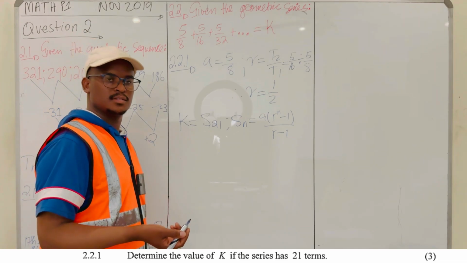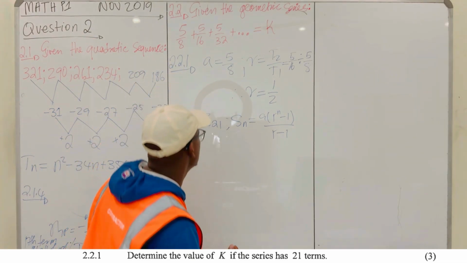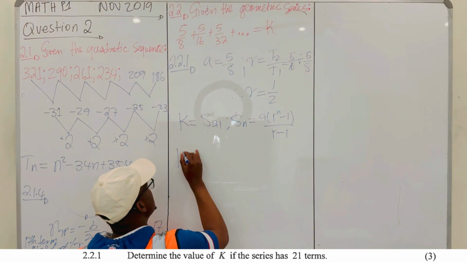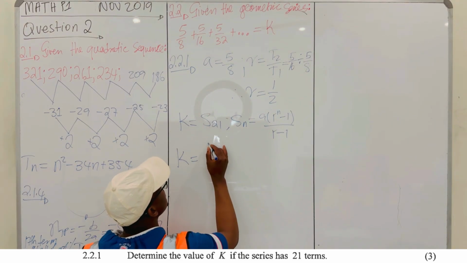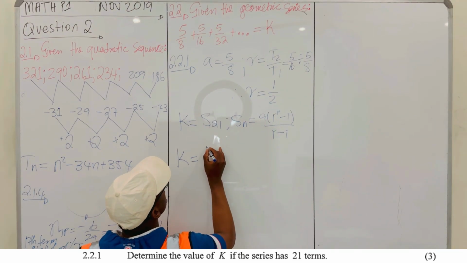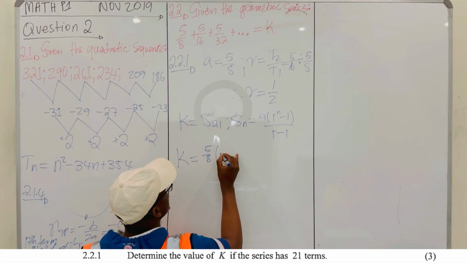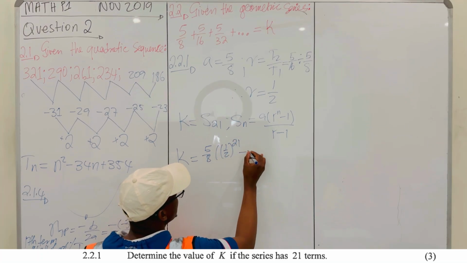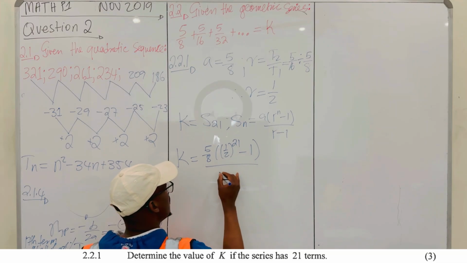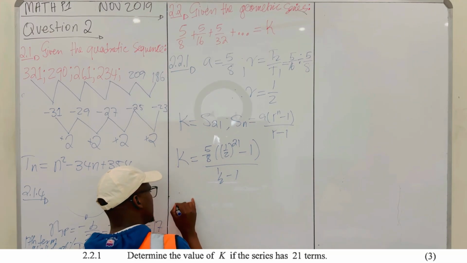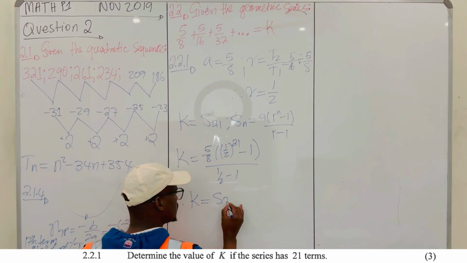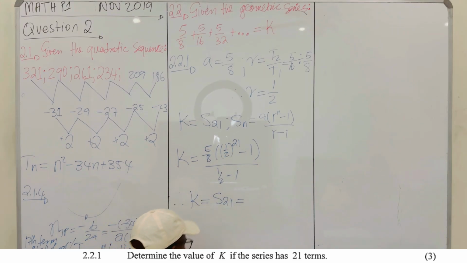But we want the sum of 21 terms. So k is equal to the sum of 21 terms, which is 5 over 8 in the place of a, into r, which is 1 over 2, raised 21 minus 1, over 1 over 2 minus 1. Therefore, your k is the sum of 21 terms, which is the answer to this.